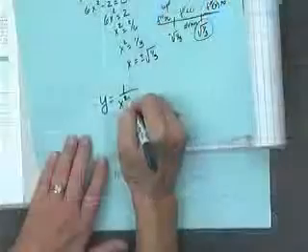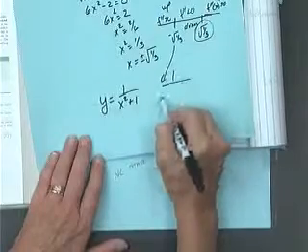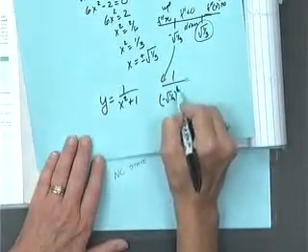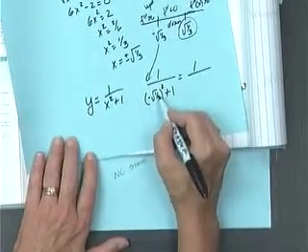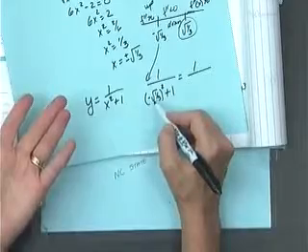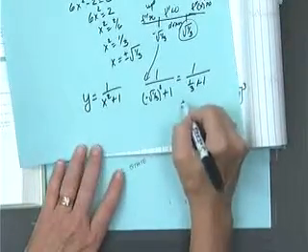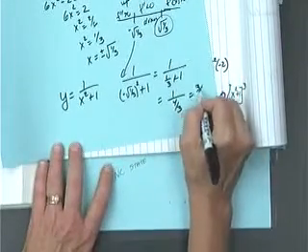Y is equal to 1 over x squared plus 1. So if we substitute in this, we'll have 1 over minus the square root of 1/3 squared plus 1. 1 over, and if you square the square root, you're going to get the 1/3, and if you square negative, you get a positive. So you have 1 over 4/3, which is what, 3/4?